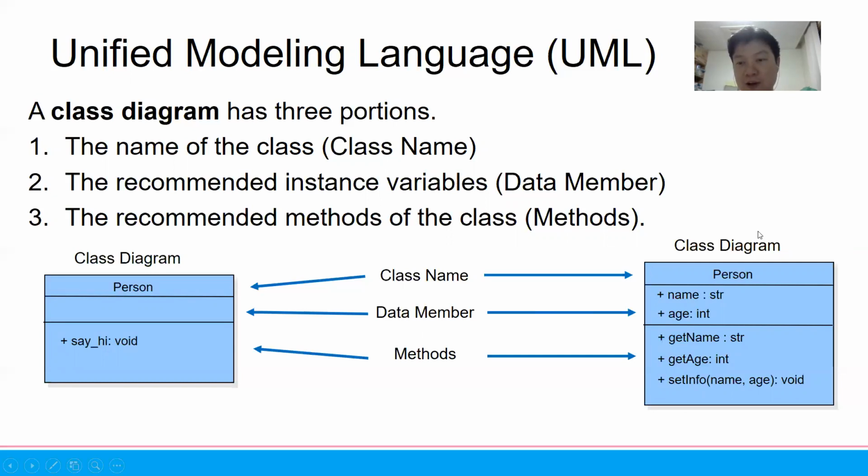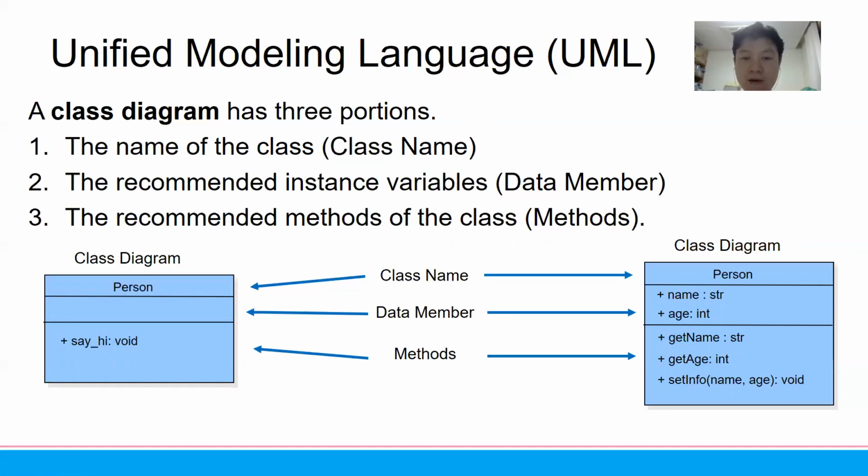So the class diagram, you can also have something like this one: Person, and for example, the data members are name and age. So the two variables exist. The name is a string type, and age is an integer type. So we know that name is characters, and age is numeric, so we can just put integer as the numeric.